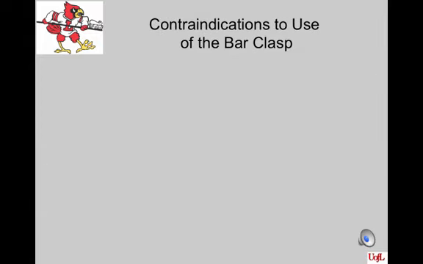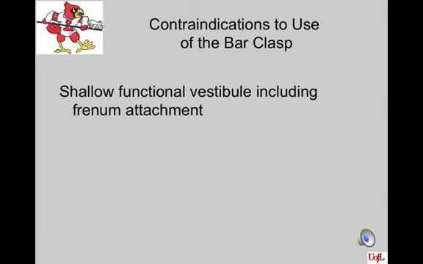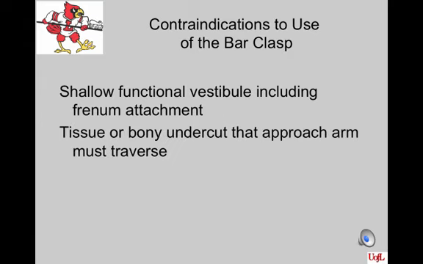There are some contraindications to the use of the bar clasp. First of all, if you have a shallow functional vestibule, including a functional frenum attachment, you have to look at that. That may negate use of the bar. If you have tissue or bony undercuts that the bar must traverse, then that would contraindicate it because the area would trap food and possibly irritate the gingiva.